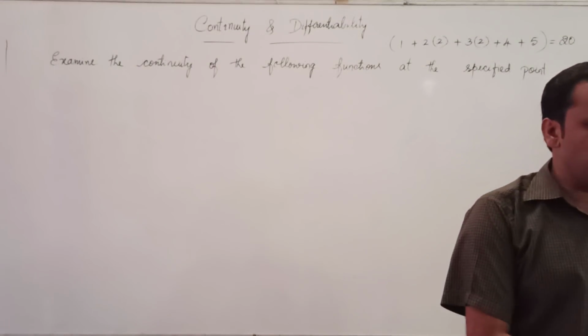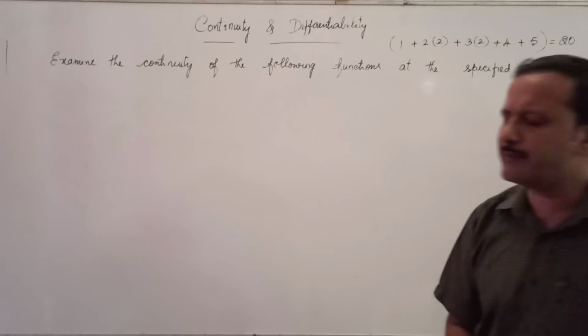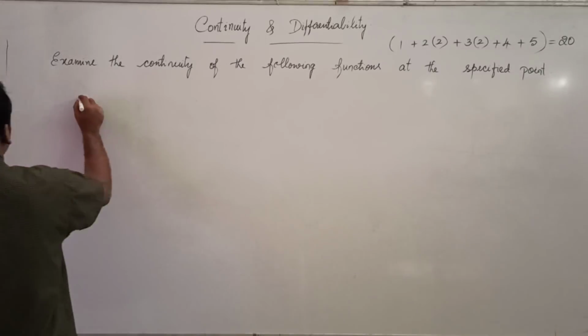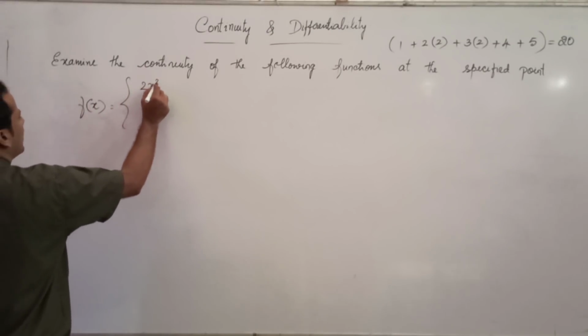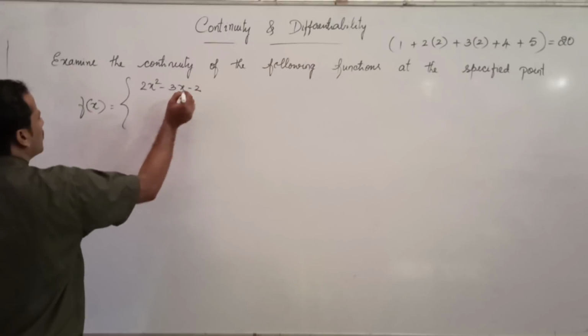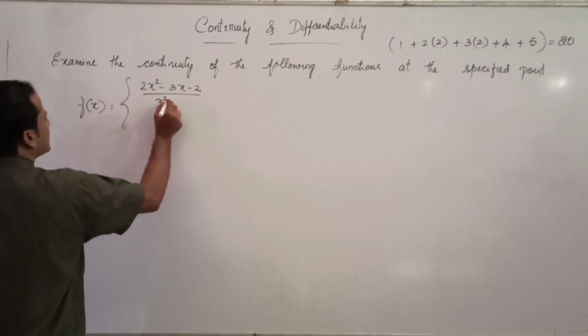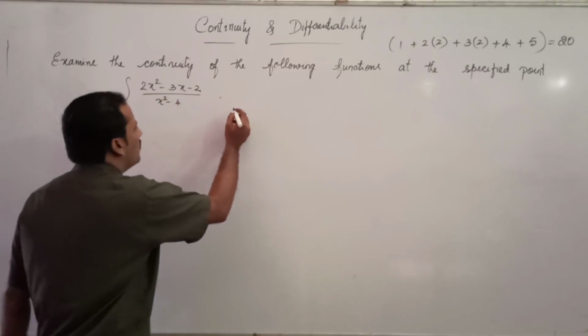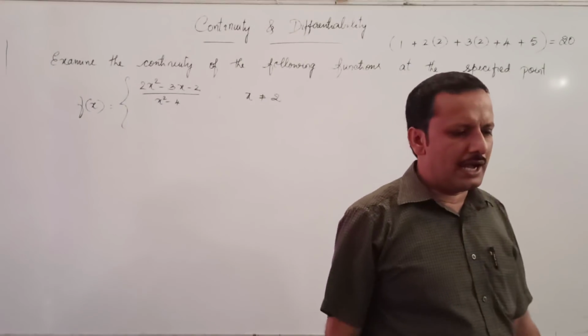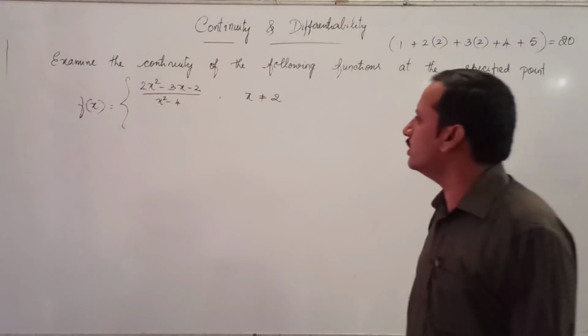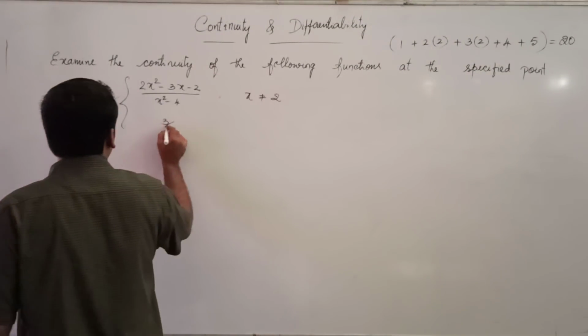f(x) is equal to (2x² − 3x − 2)/(x² − 4) whenever x is not equal to 2, and it is 3/2 when x is equal to 2.